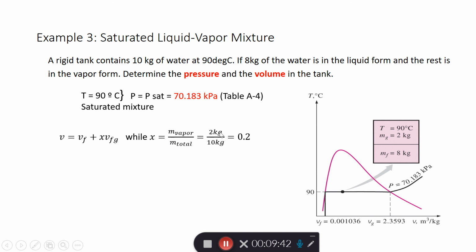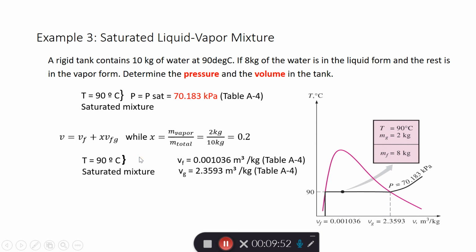So that's 2 kg over 10 kg, which is 0.2. That's your value of x. vf and vg can be obtained from the property table. vfg, remember, is vg minus vf. Plug in the values and you should get this. Please pause the video if you want to slow down and calculate this.